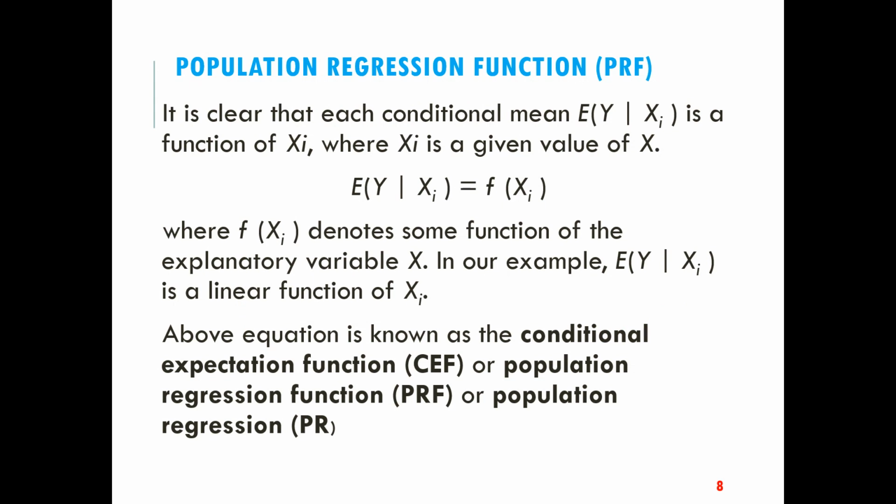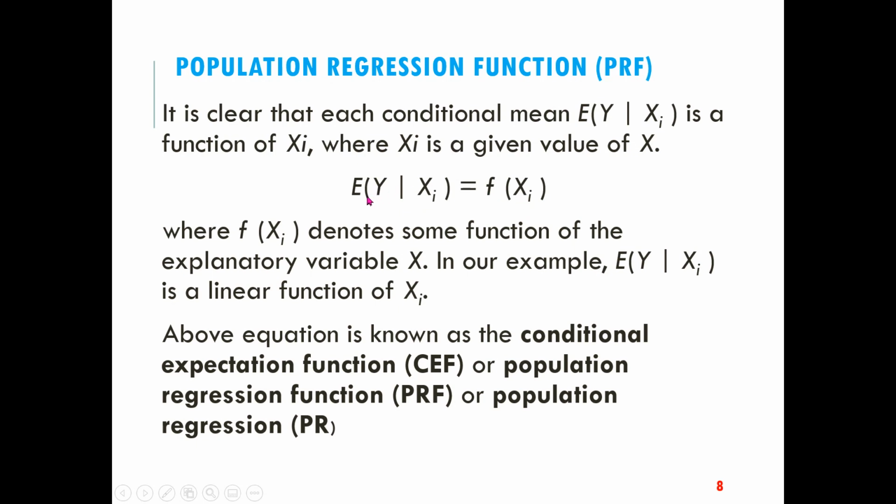Okay, so coming back to the concept of conditional expectation, that is the expected or predicted value of the dependent variable for a given value of the independent variable. We can also write that this conditional expectation depends upon the value of x.